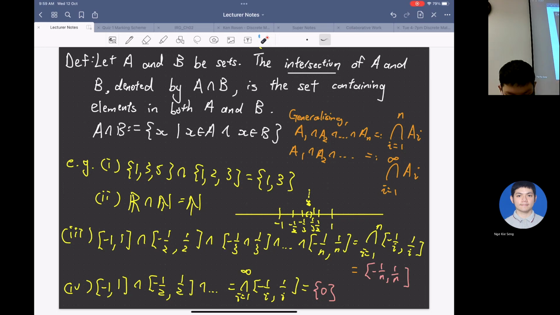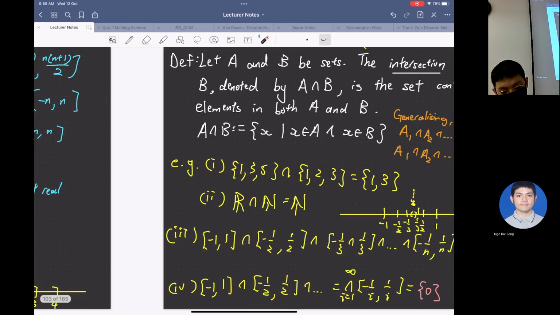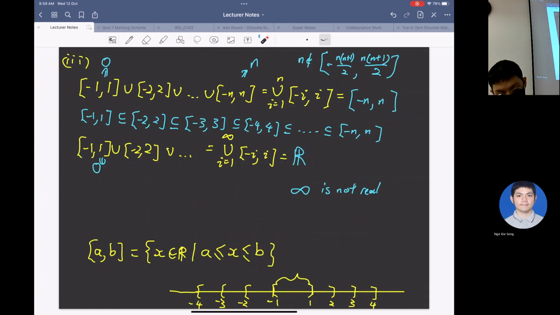Yeah, so you can see that if you take intersection of intervals, you still remain an interval, but once you go into infinity, you are not an interval anymore. But union behaves well with the intervals. So you take a finite union of intervals, it is still an interval, and if you take an infinite one, it is still another interval.